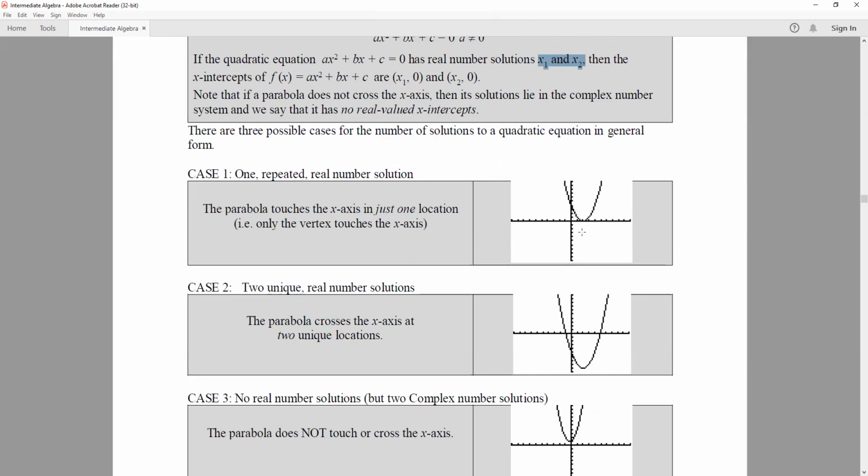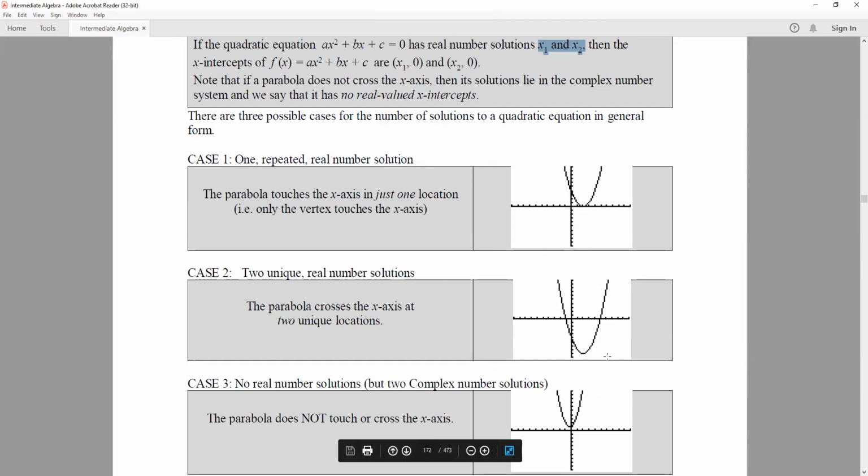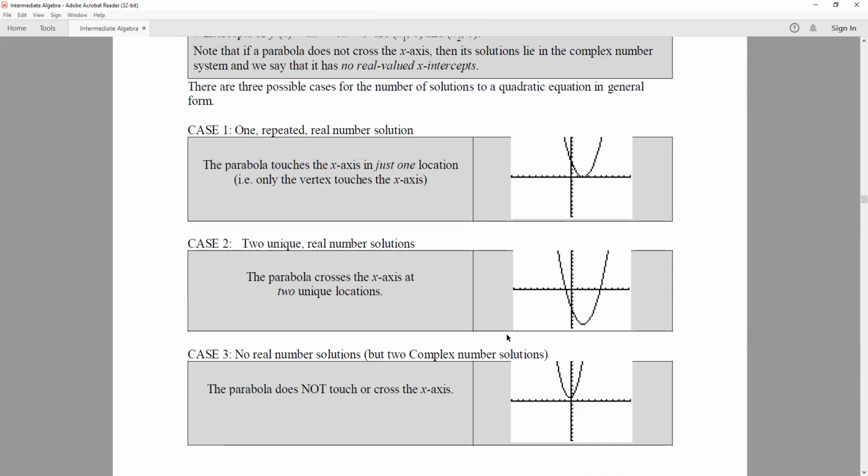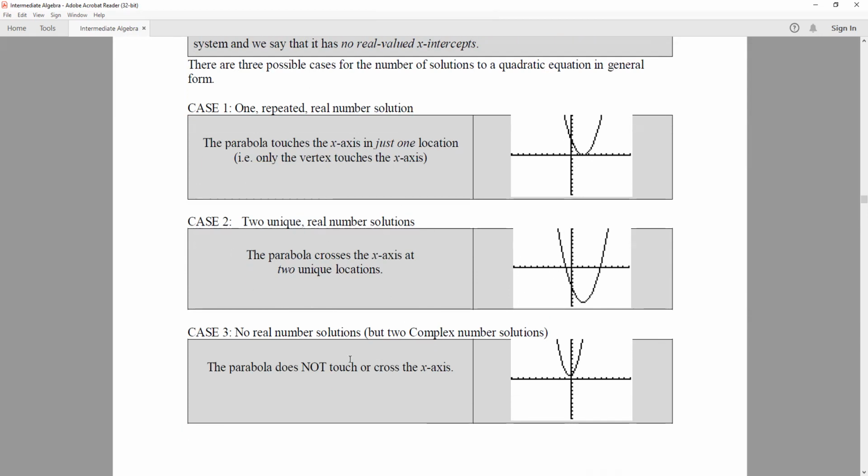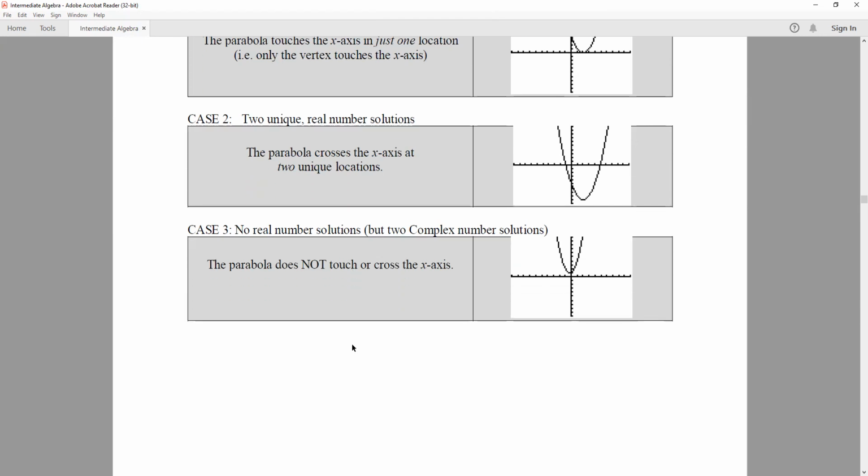So your x would only have one solution. And then you have the two unique real number solutions, which is going to be this one here. Okay? All right. So we have three cases, basically.